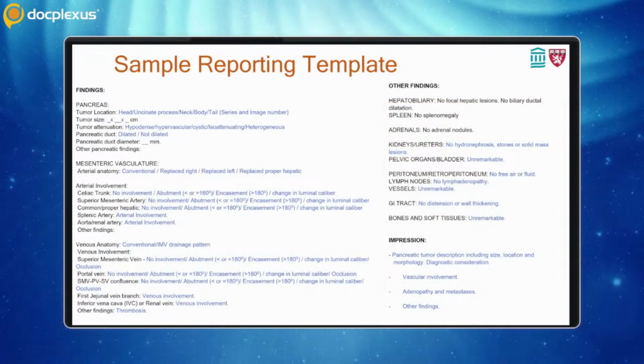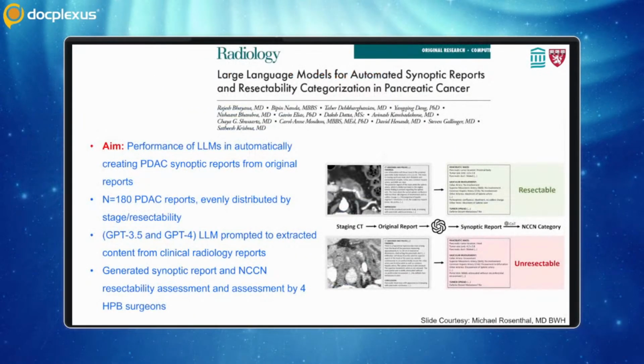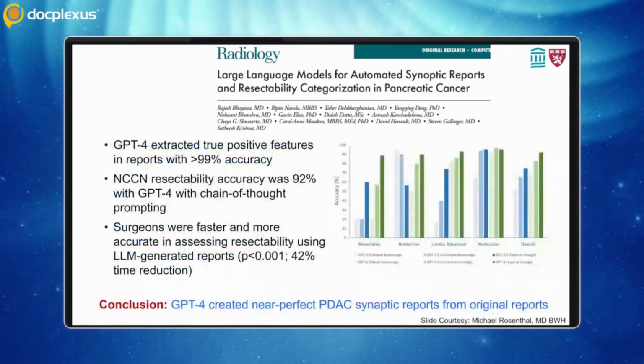The template is quite complex. We did a study where we looked at the ability of large language models to generate these synoptic structured reports from the regular reports. What we found was ChatGPT-4 was able to create near perfect PDAC synoptic reports from original reports, improving the workflow for radiologists.